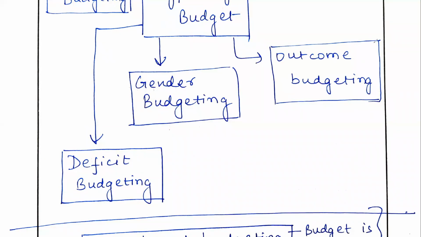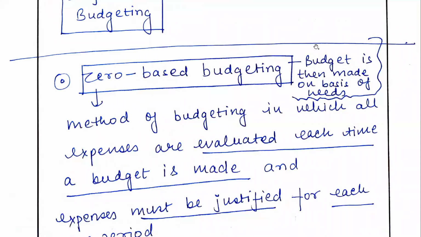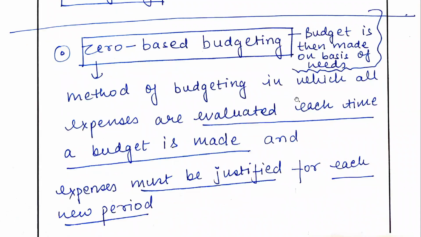Then now let us look at zero-based budgeting. Budget method of budgeting in which all expenses are evaluated each time a budget is made, and expenses must be justified for each new period. Okay, so you can say that this is a form of sustainable budgeting.